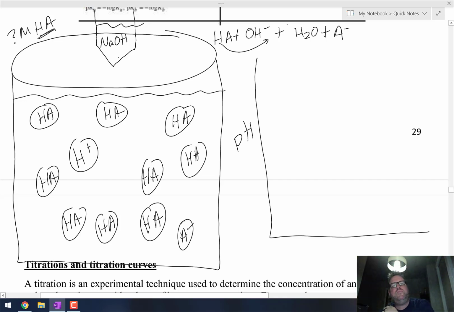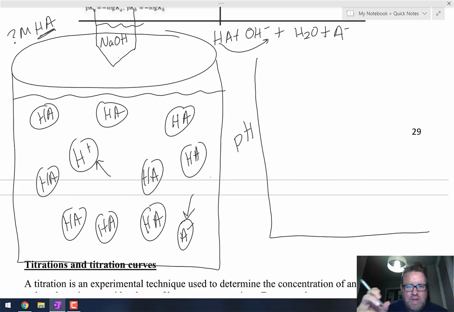As we start to add some of that sodium hydroxide, it's going to react. And again, I talked about this in the previous video. It's going to react with the easiest thing it can. If it can react with the H pluses and the A minuses and get rid of those right away, it's going to, because those are already broken apart. It doesn't have to break the H plus away from the A minus for this to react.